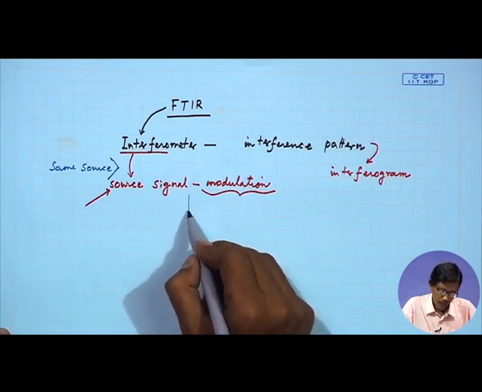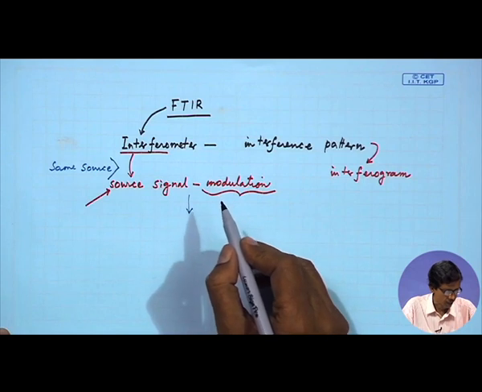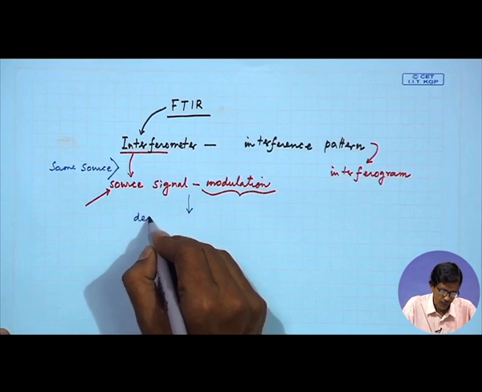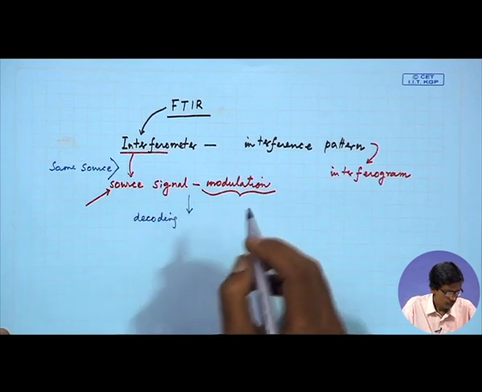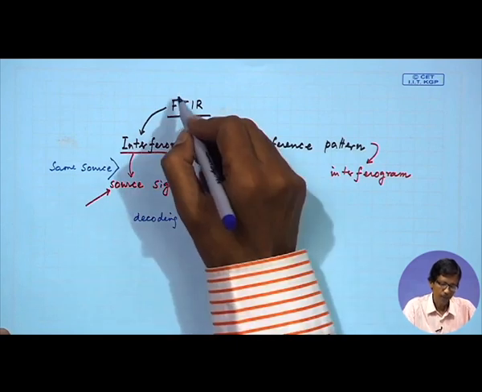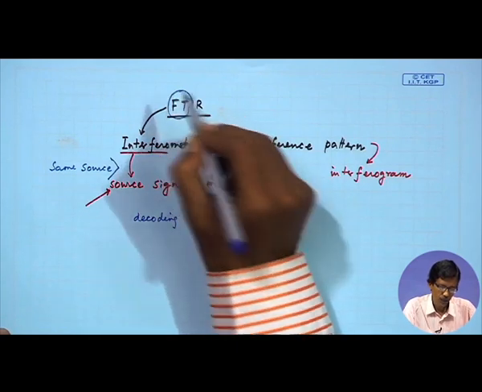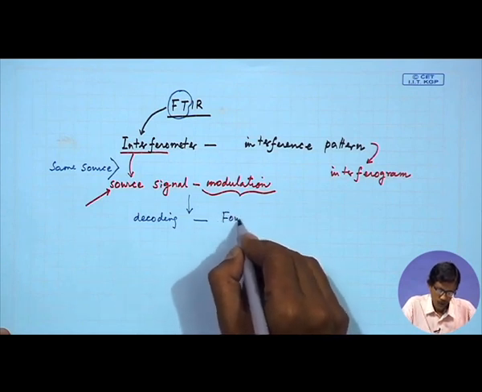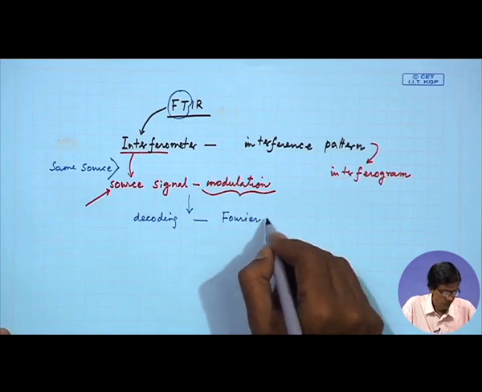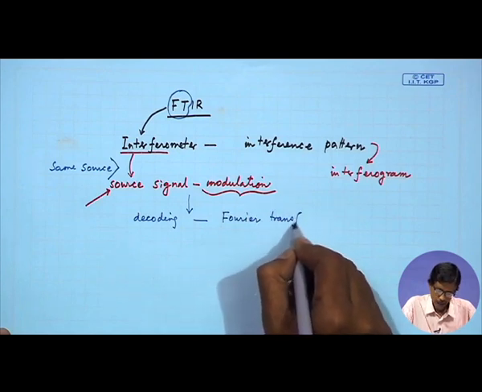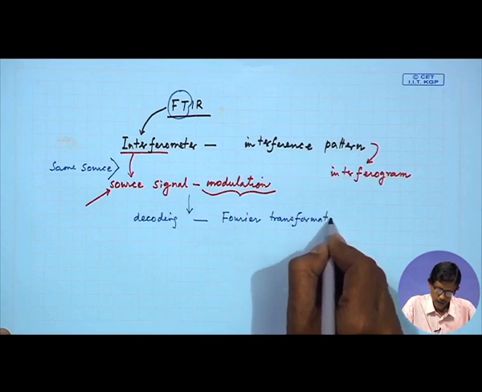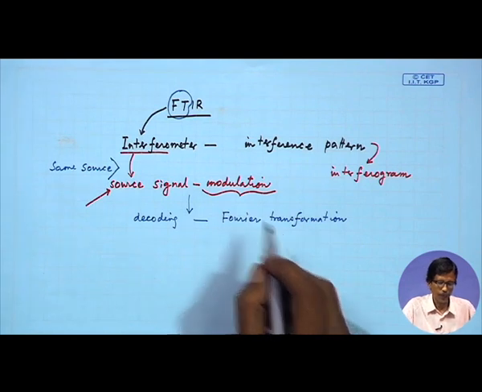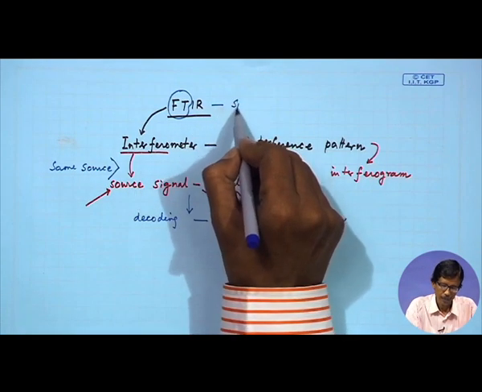And once we have this modulation for this particular signal, we have to go for the corresponding decoding by the corresponding mathematical form, which is your Fourier transformation, such that we can have the corresponding FTIR spectrum.